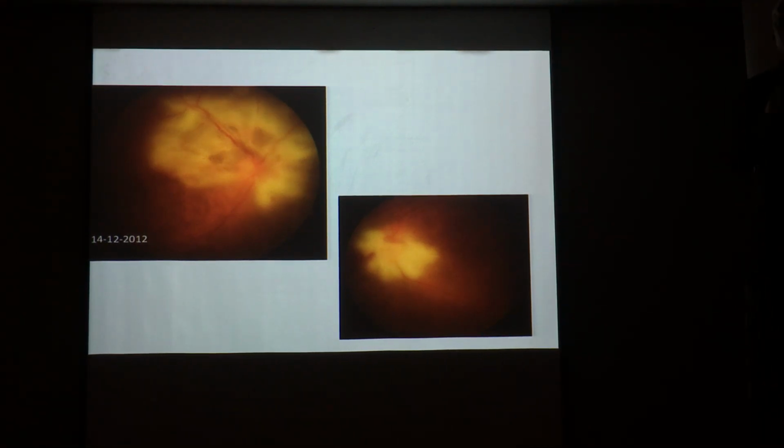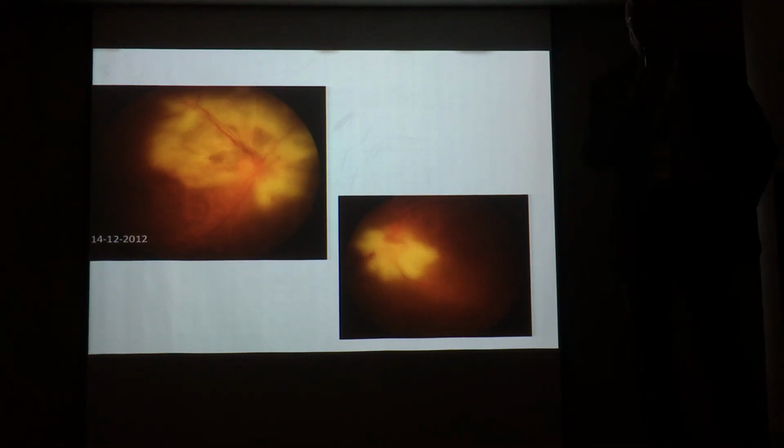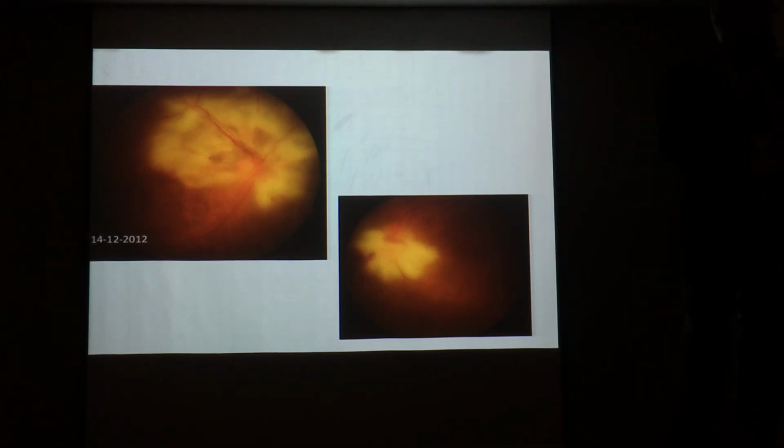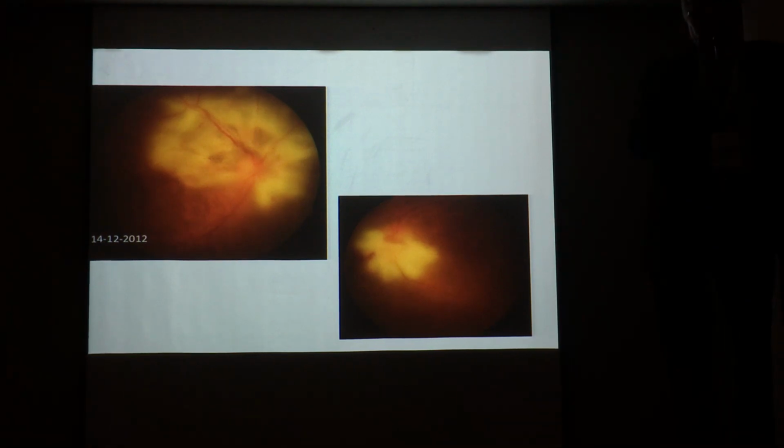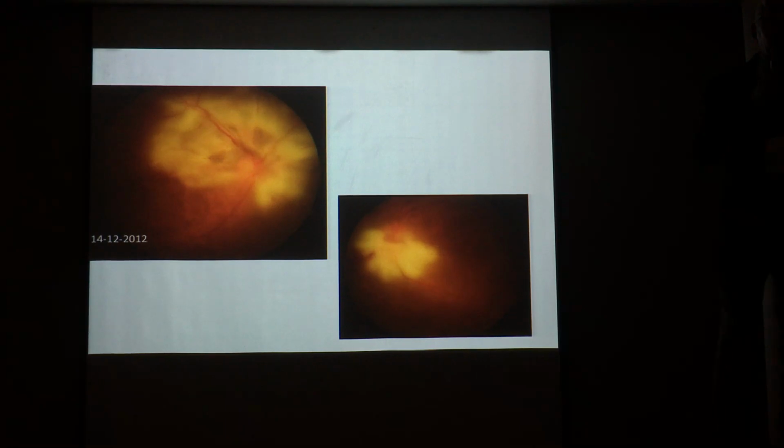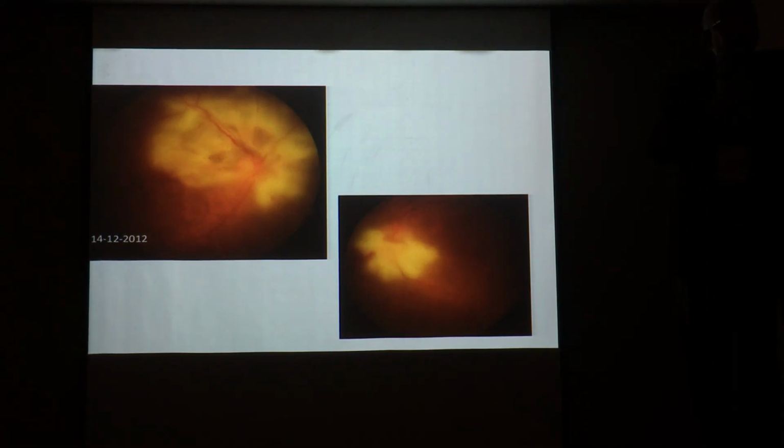Anybody tell me why we need to make a definitive diagnosis of infective retinitis? Come on. Why we need to make a diagnosis? Enteric fever or typhoid or malaria?